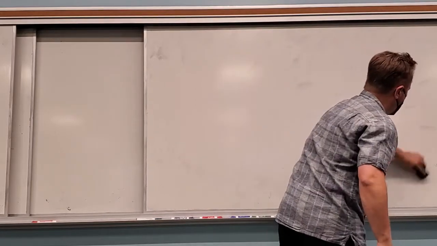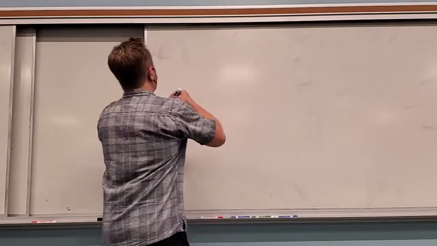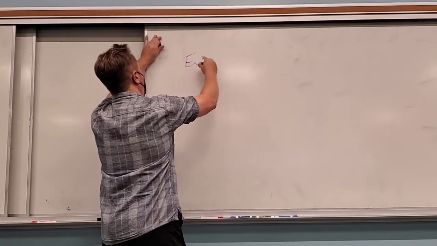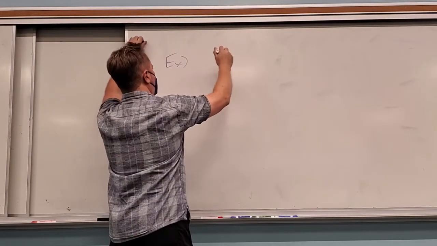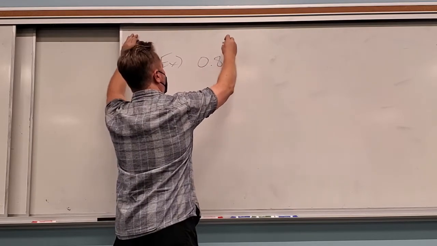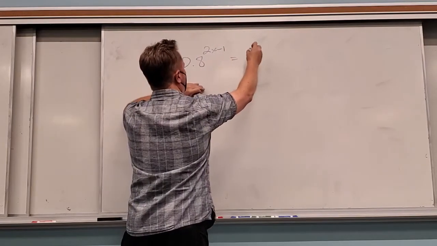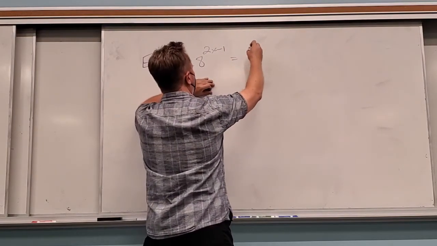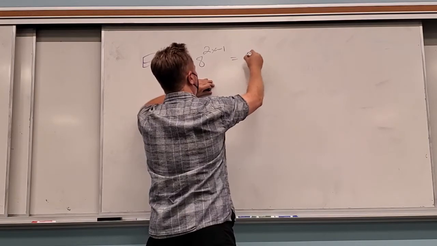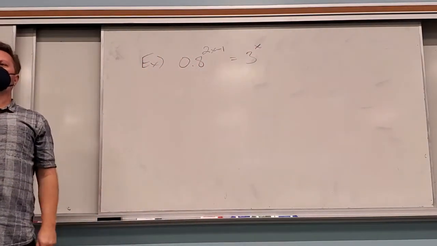So let's see how bad these can really get. Let's do 0.8 to the 2x minus 1 equals, what do you got, Jeff? 3 to the x.